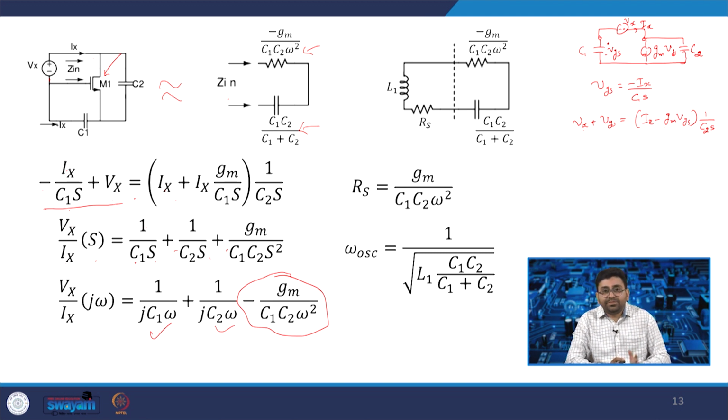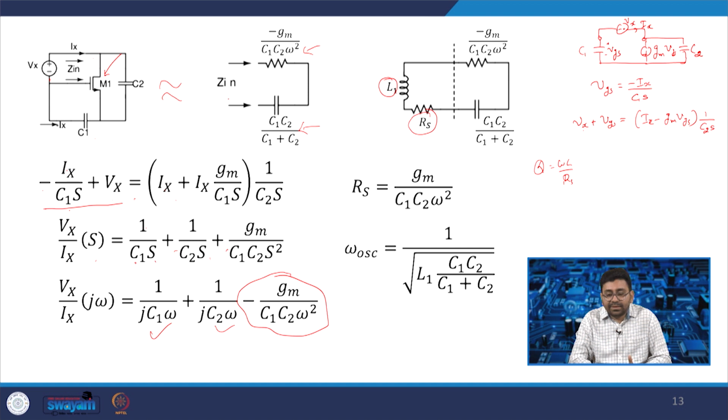Now, what you need to have oscillation is an inductor, which is denoted as L1, and a resistor Rs. Because the inductor is always lossy, we have already seen the quality factor of an inductor, Q equal to omega L by Rs, so for a certain value of Q you can find the value of Rs.